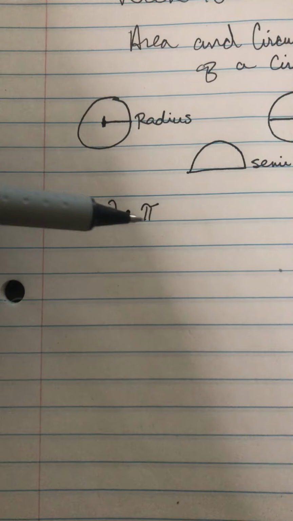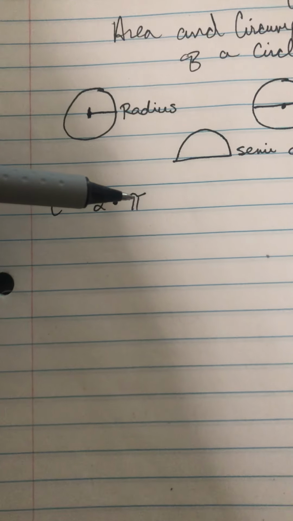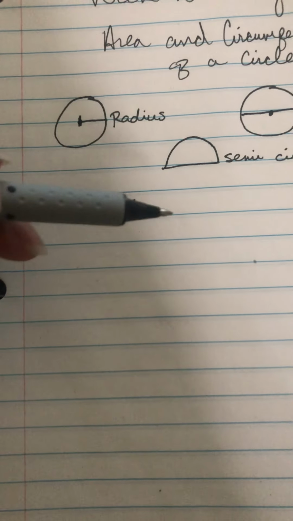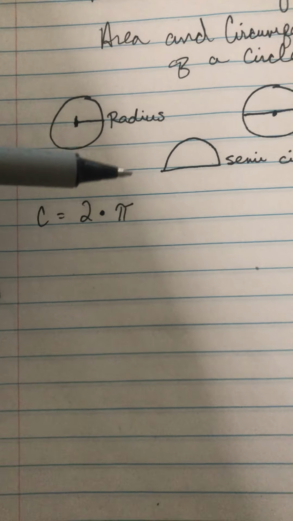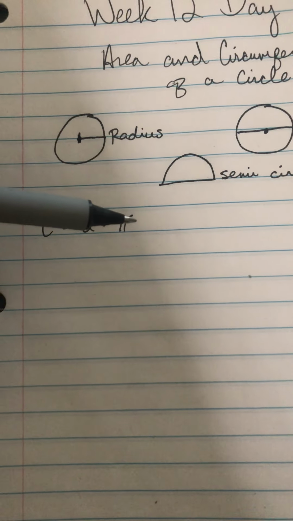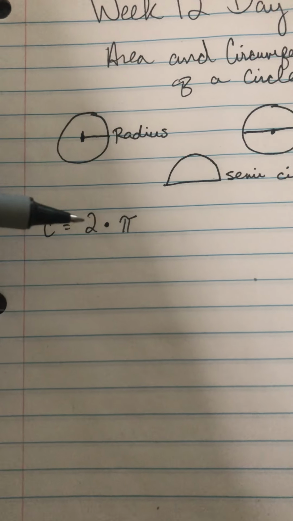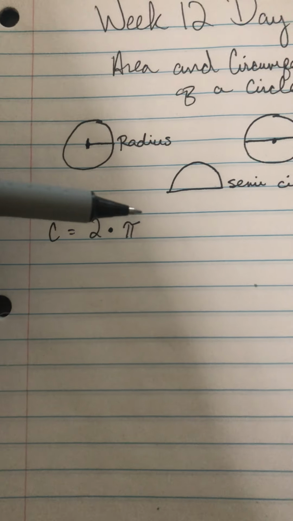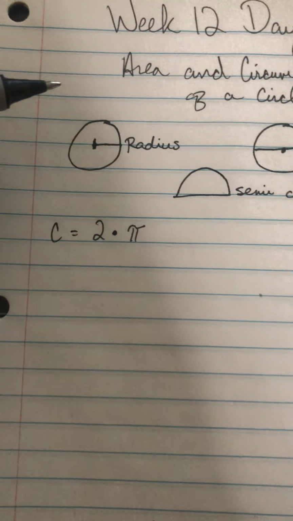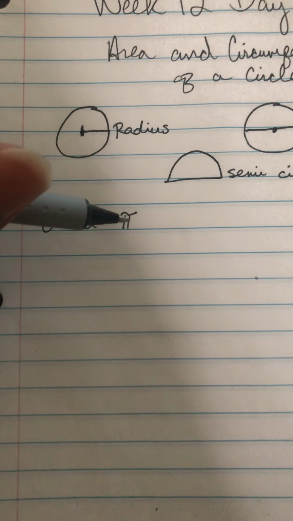It has a lot more digits than that, 3 and 14 hundredths and so on until infinity, or it could be 22 over 7. 22 over 7 can also be pi, but we're just going to work with pi as 3.14. So let's put that in parentheses, 3.14.